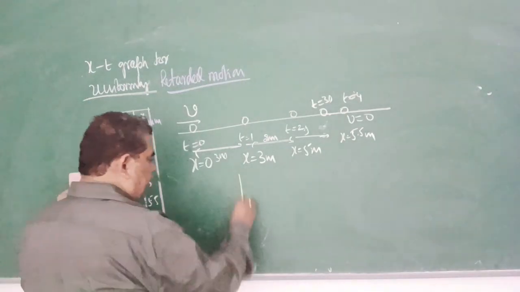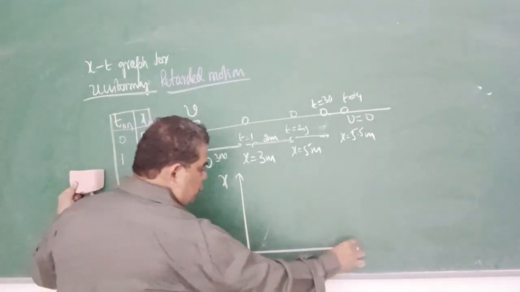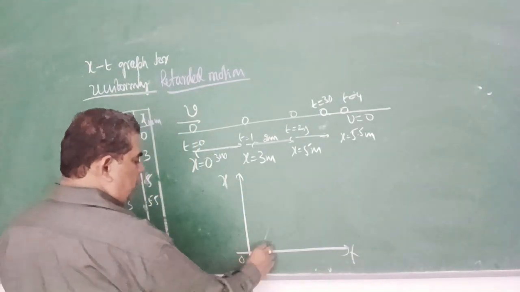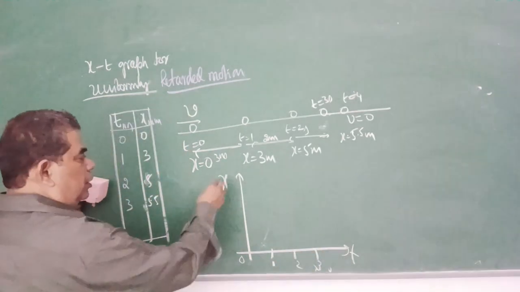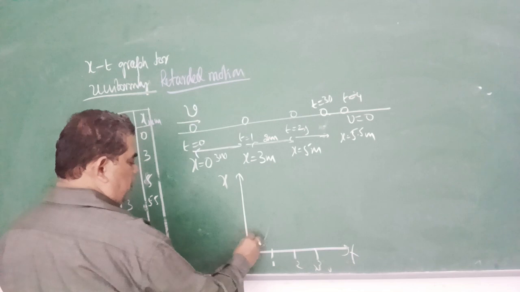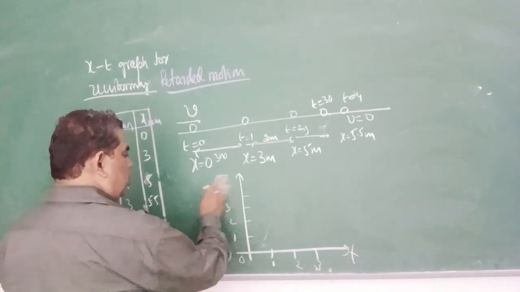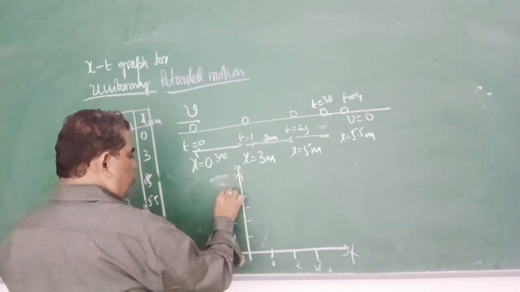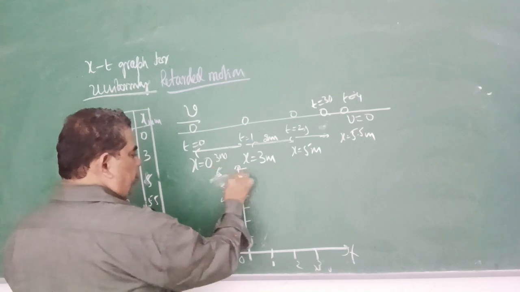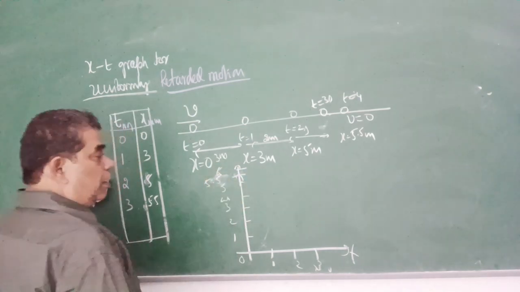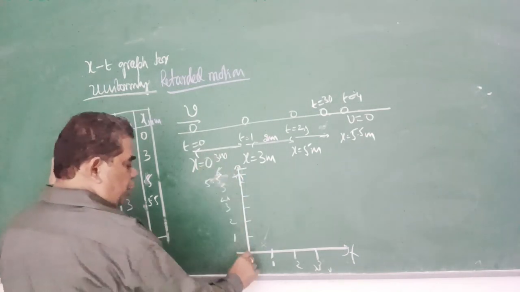If we draw a graph again, observe carefully. If we draw a graph x versus t, we write 0, 1, 2, 3. And then here we start with 0 position, 1, 2, 3, 4, 5, 6. So 5.5 somewhere here. For 0, the position is 0.